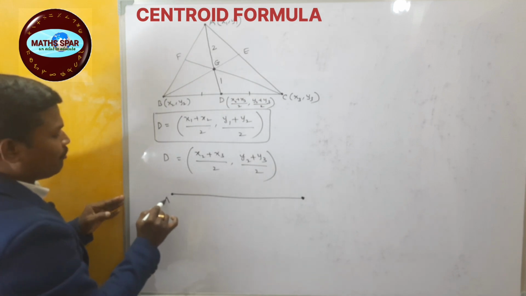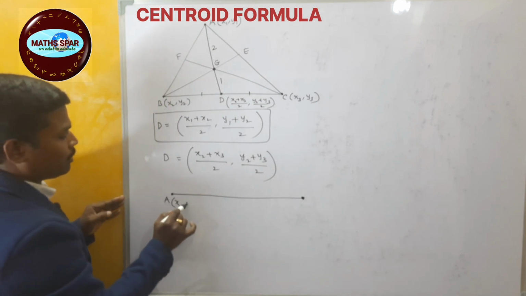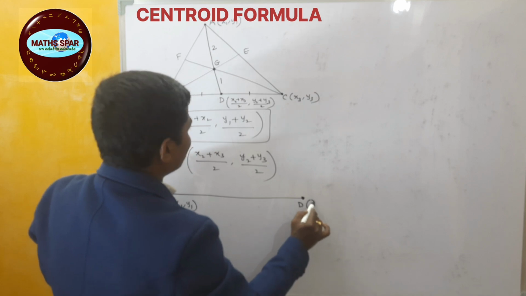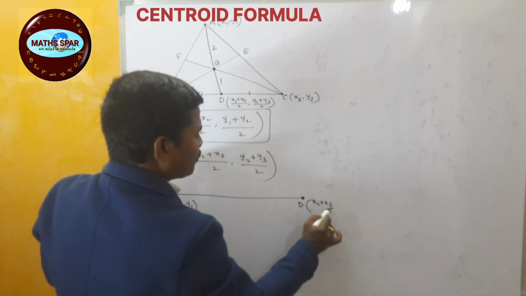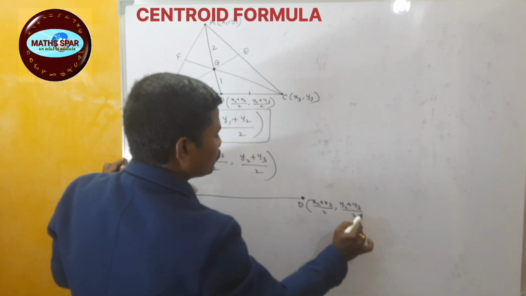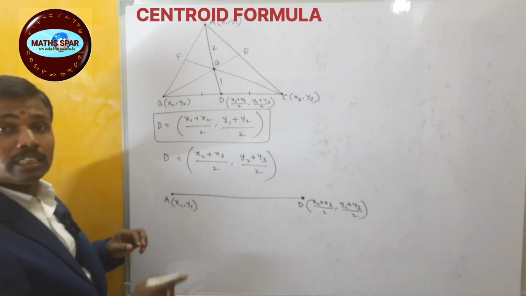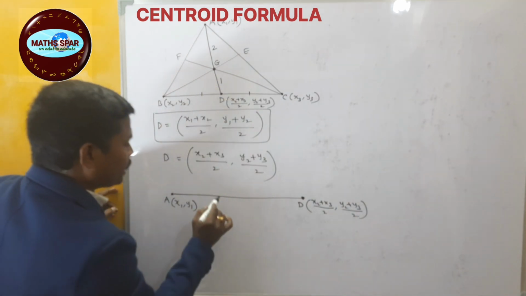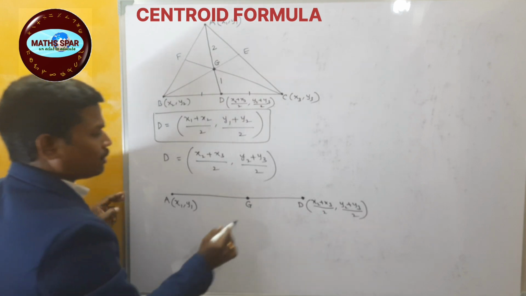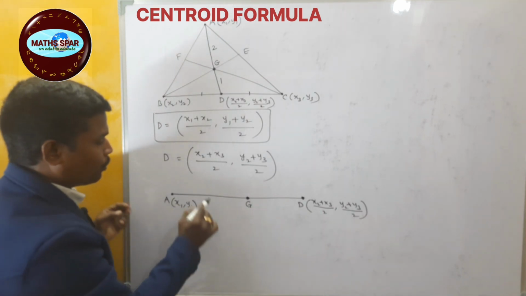A of x1, y1, D of (x2 plus x3 by 2, y2 plus y3 by 2). These are two points divided by this point G. What is this point G? We do not know.